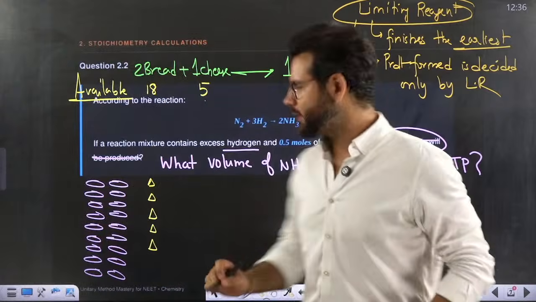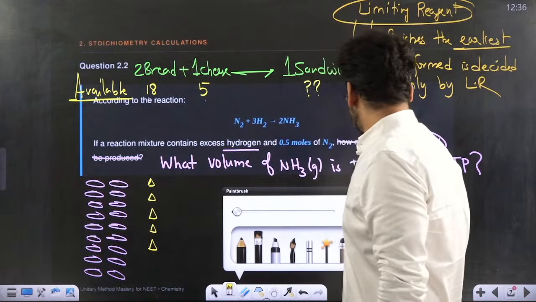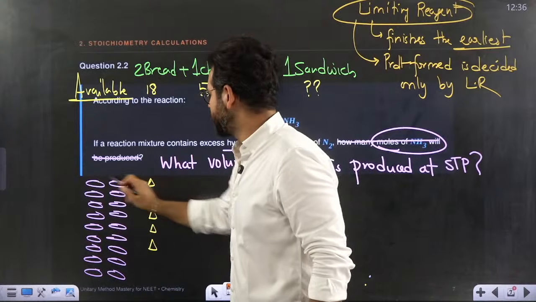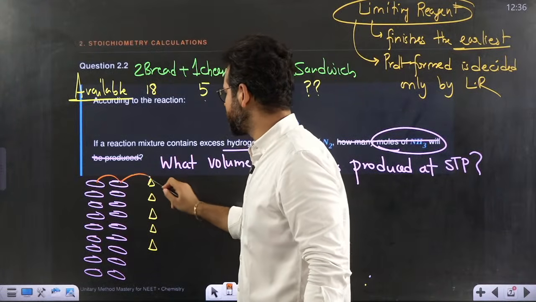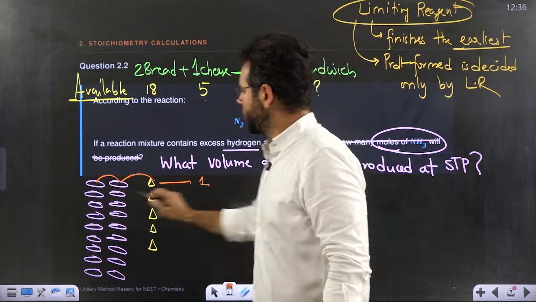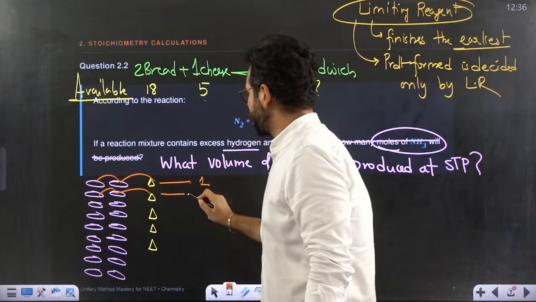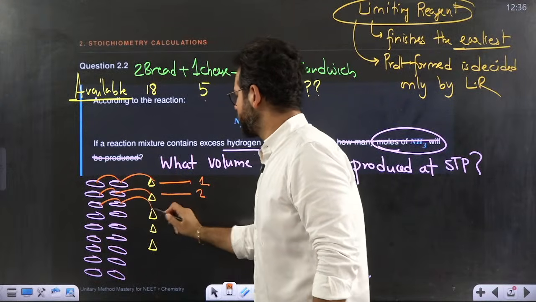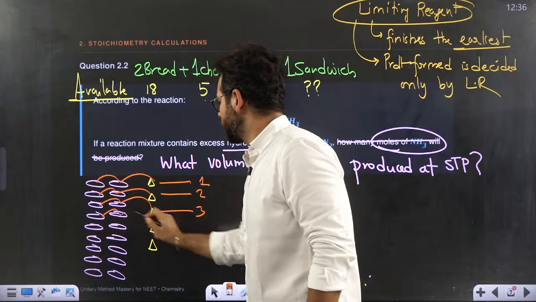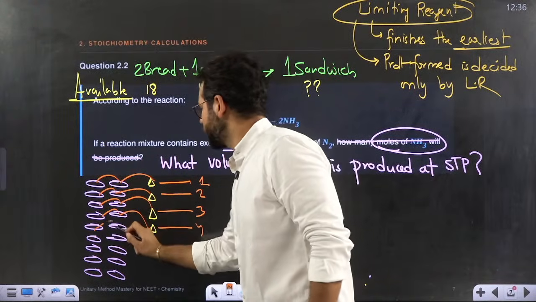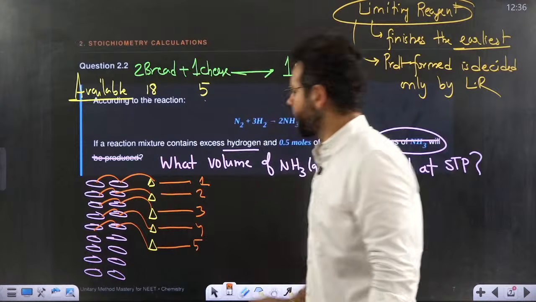When you start making the sandwiches, these 2 breads combine with this cheese slice, and you get 1 sandwich. These 2 combine with this one, you get the second sandwich, third, fourth, fifth sandwich.